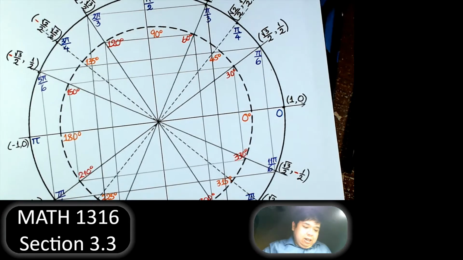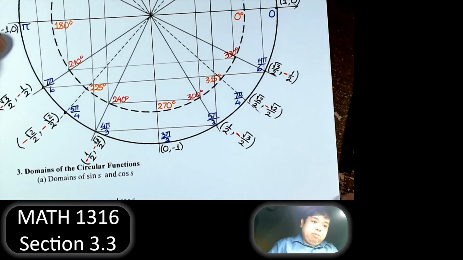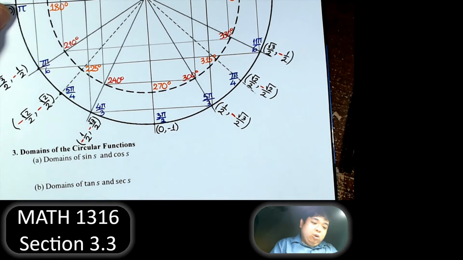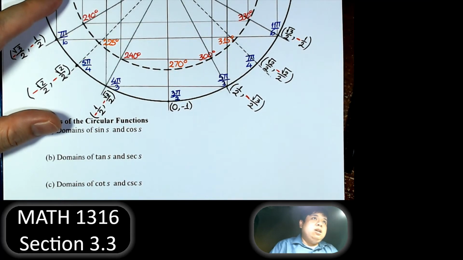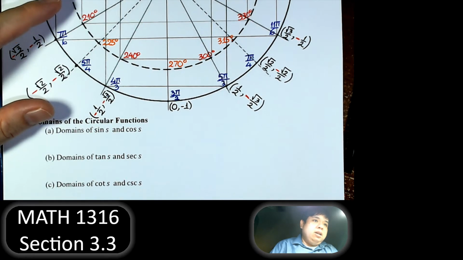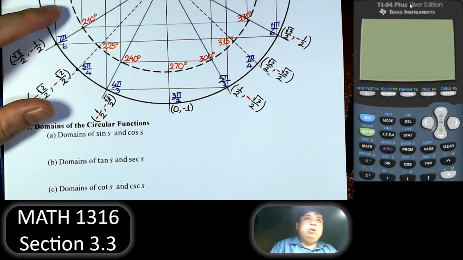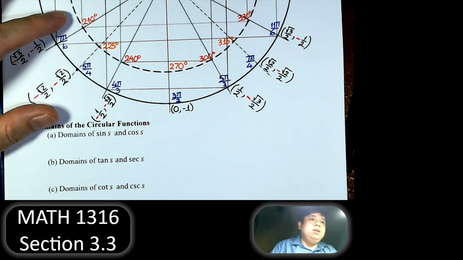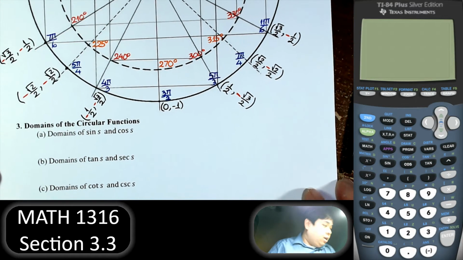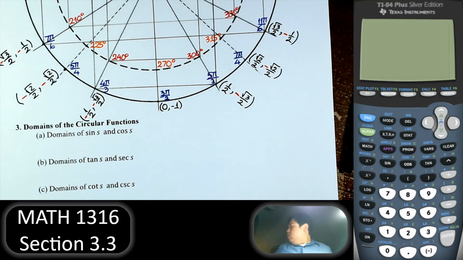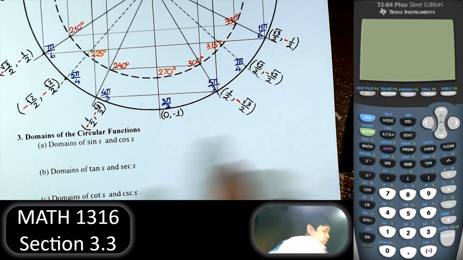Right. And the remaining part of the section is just to write down the domain of these circular functions. This, of course, we cannot do. We can, but it is kind of difficult to visualize things. Right. Now, that's the first page.